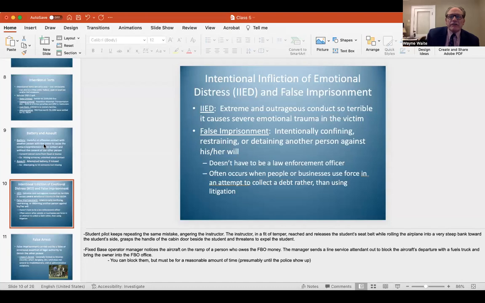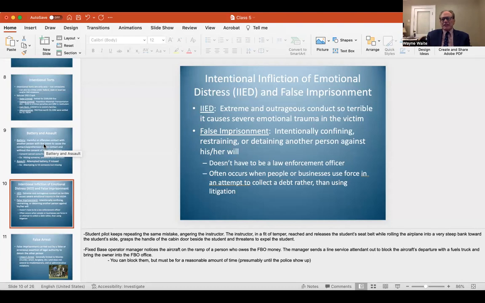The next general type of tort that I want to talk about is the tort of intentional infliction of emotional distress and the intentional tort of false imprisonment. So the intentional infliction of emotional distress only occurs when it is extreme and outrageous conduct so terrible that it causes severe emotional trauma in the victim.